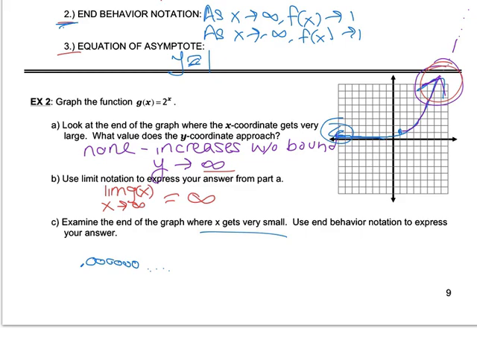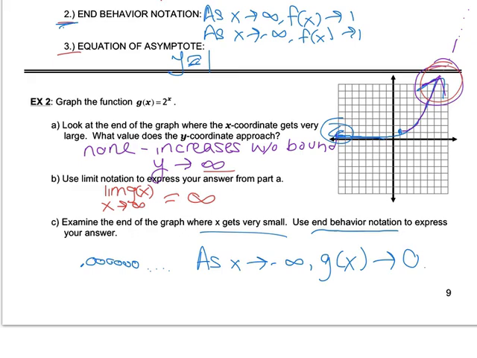So I want to use end behavior notation to express this answer. That was the second one from above. End behavior notation is writing out as x approaches, and we're just looking at negative infinity for this piece. As x approaches negative infinity, our function g of x approaches 0.